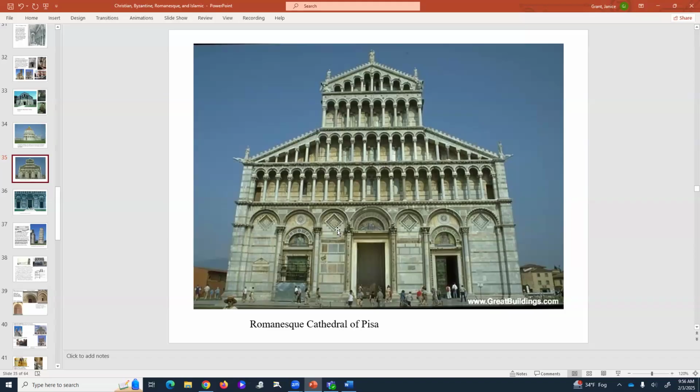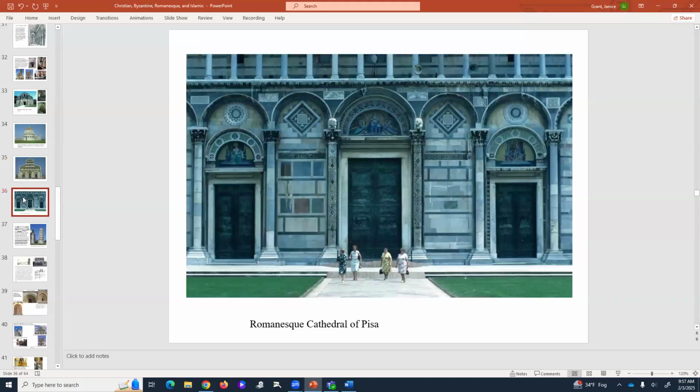We talked about that a few weeks ago, where it looks like a full column, but it's actually a part of the main column, kind of like a fake column on top of the actual structure column, making it thicker. And these multiple arches there. The entrance showing the same kind of symbols.